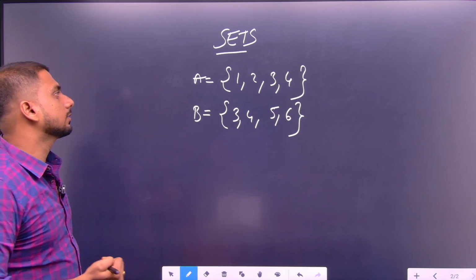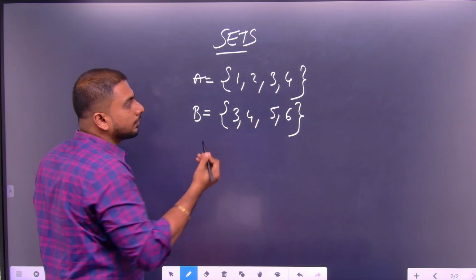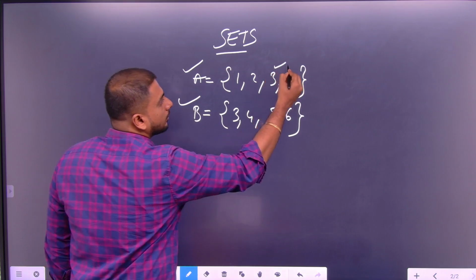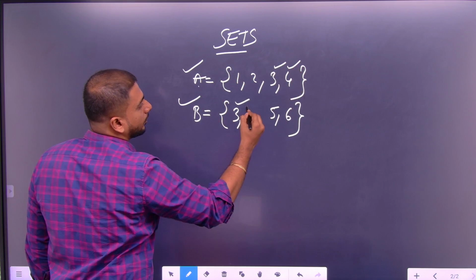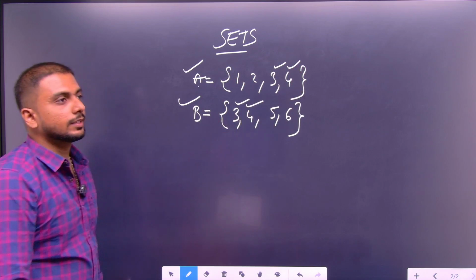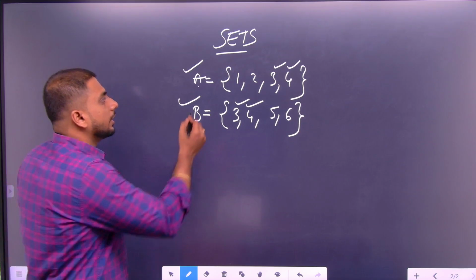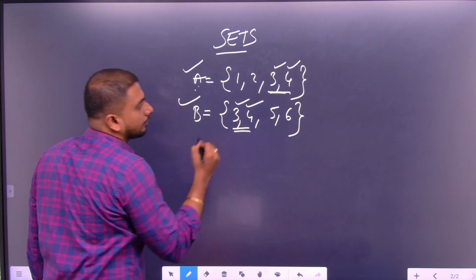Now what happens? You can easily notice that there is something common between these two sets, that is number 3 and 4. Earlier example was alphabets, now we take numbers. So A also consists of 3 and 4, B also consists of 3 and 4.